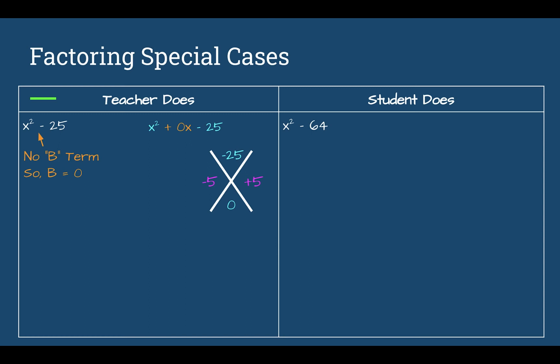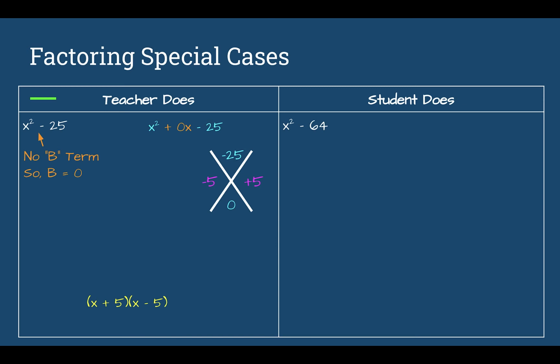So here, minus 5 and plus 5. For this one, since the value in front of x squared is a 1, we can just plug in the minus 5 and the plus 5. So x plus 5 and x minus 5. If you chose to use the boxes, that is fine, but I'm not going to go through that here.